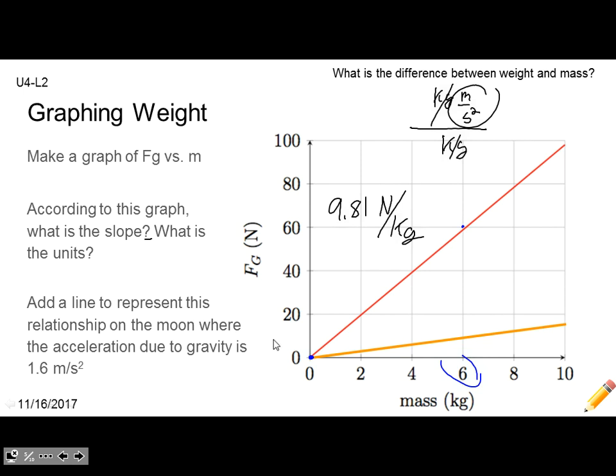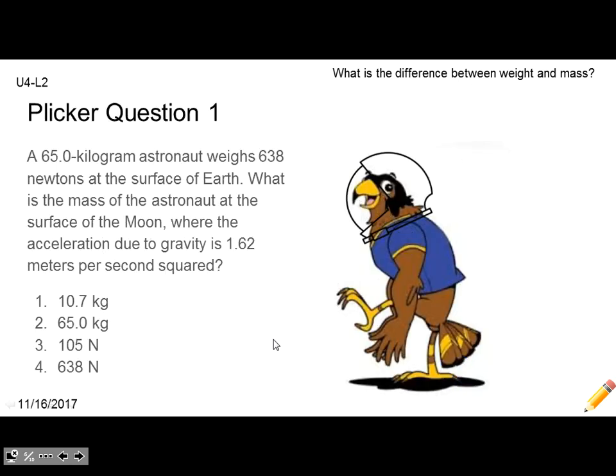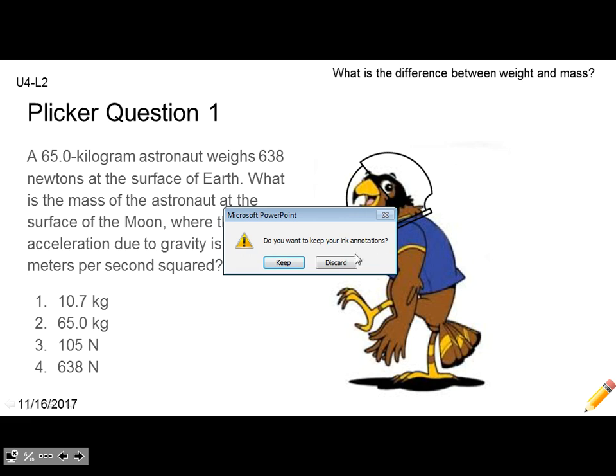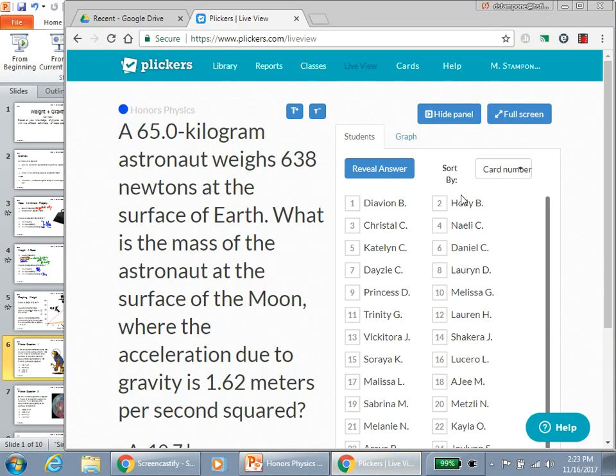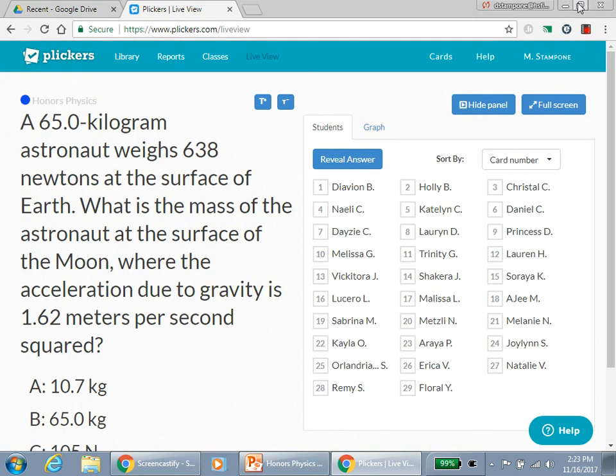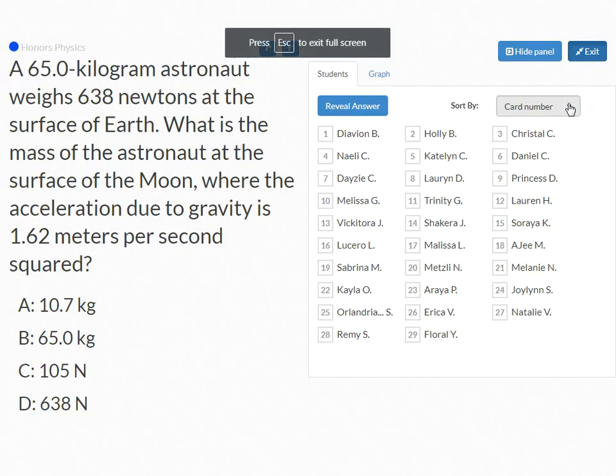All right, so now we're gonna move on, and I would like to do a Plicker question. So a 65 kilogram astronaut weighs 638 newtons at the surface of the Earth.